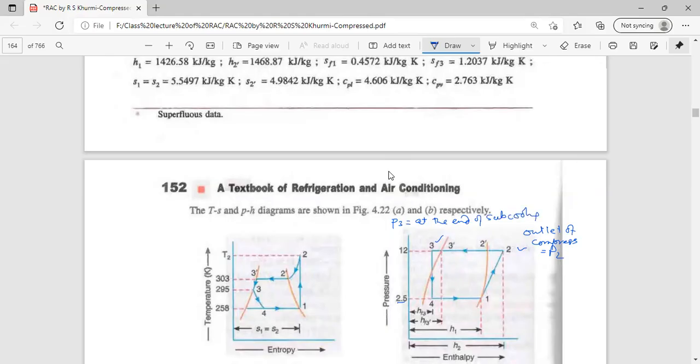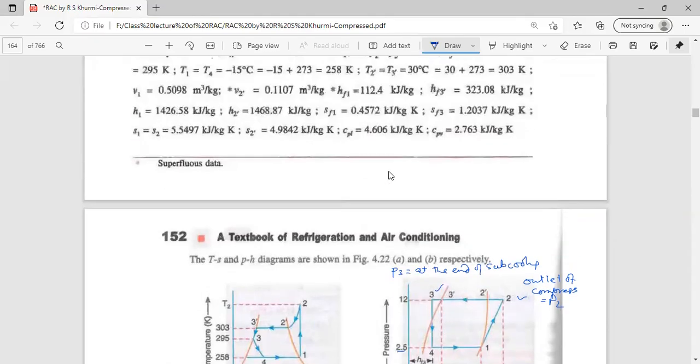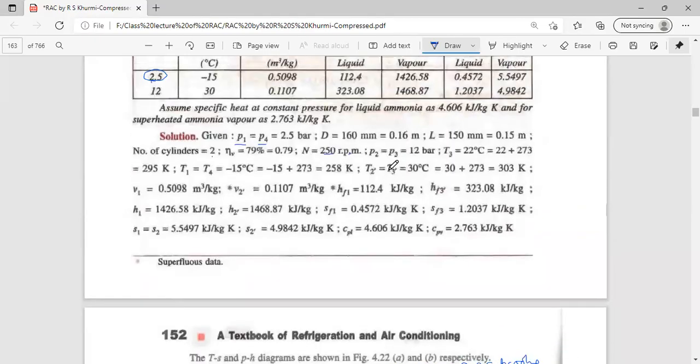Generally, subcooling is being done at the delivery pipe of the refrigerant from the condenser to the expander itself. So 3' is the pressure at the outlet of the condenser, and P2' is the pressure at the inlet of the condenser itself. So all these pressures P2, P2', P3' and P3 are the higher pressure of the system itself, given as 12 bar.